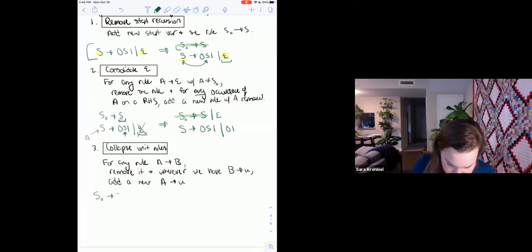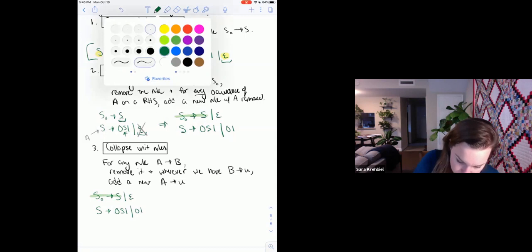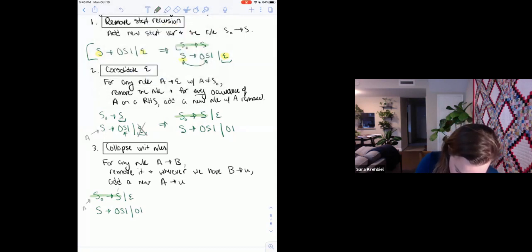So if we have our S naught goes to S and epsilon, and then S goes to 0S1 or 01, then this is the guy we're trying to resolve. So this is our A, this is our B, and then B appears on the left-hand side of two different U's. So we're going to get rid of this A to B rule.